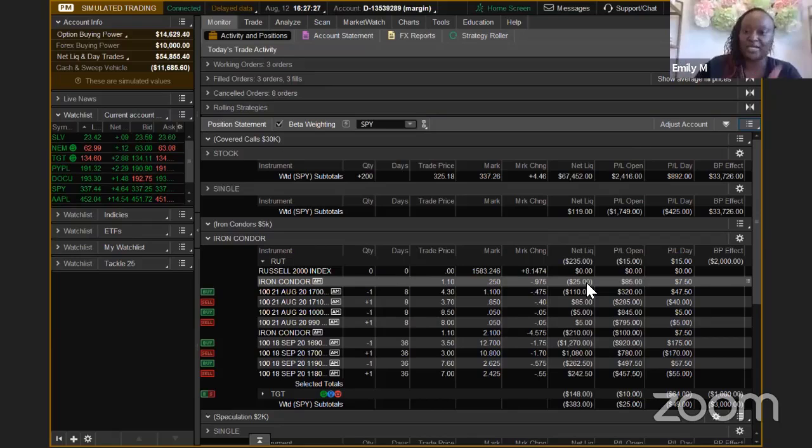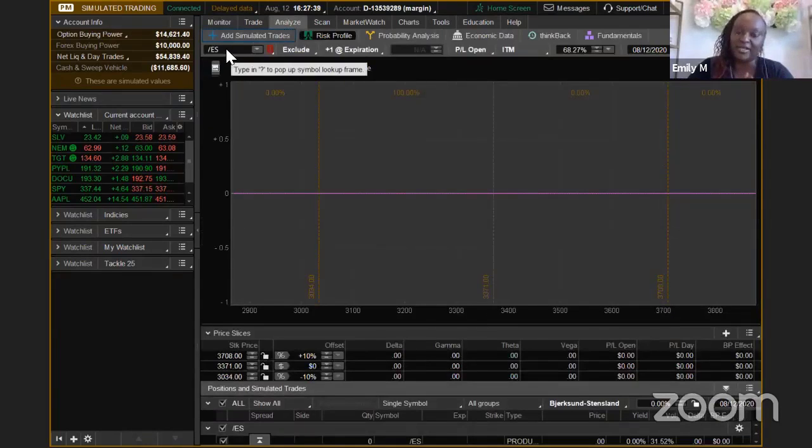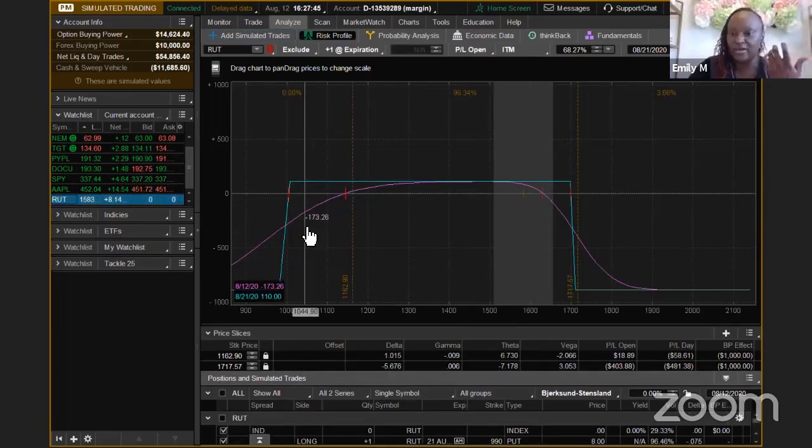I first look at the amounts here, and I go, okay, I've got $85 already collected. I've got $25 remaining. I'm then going to go to the Analyze tab and look at the risk graph. Once you look at the risk graph, you want to see where it is on the risk graph. So this is the visual of the RUT.